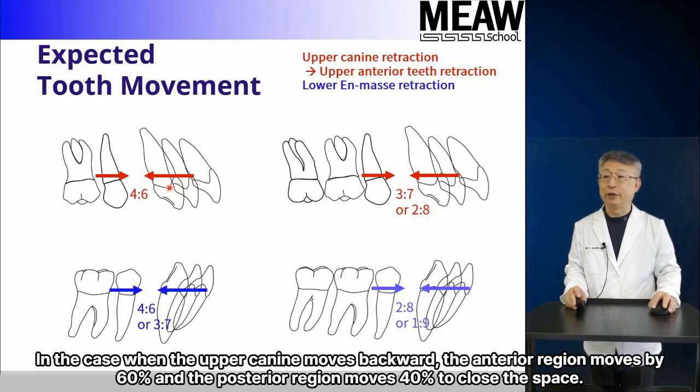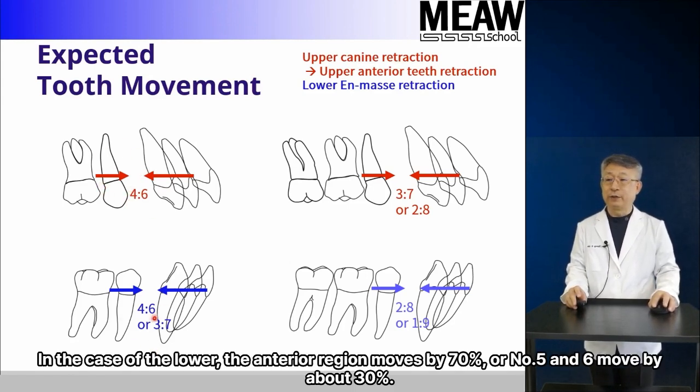In Mia, move the upper canine first. In the case when the upper canine moves backward, the anterior region moves by 60% and the posterior region moves 40% to close the space. In the case of the lower, the anterior region moves by 70%, or number 5 and 6 move by about 30%.